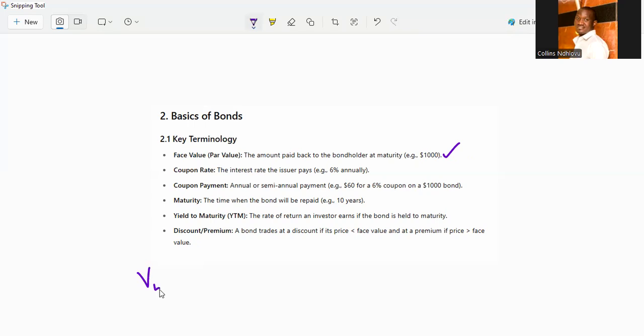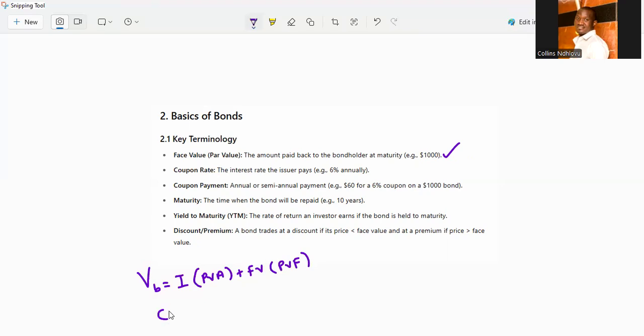The value of the bond is equal to the coupon value, which is capital I, times the present value annuity, which is PVA, plus the face value, which is FV, times the present value interest factor, which is PVF. So this is the value of a bond.